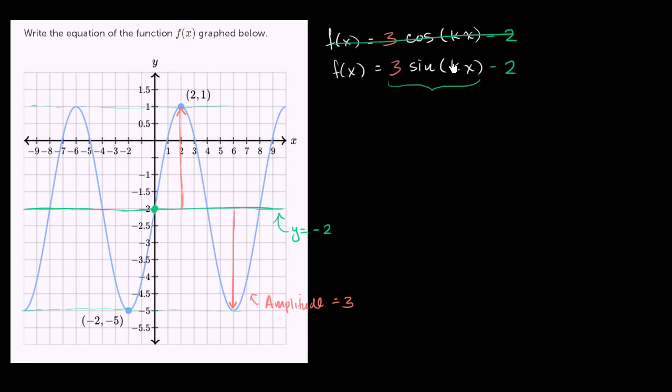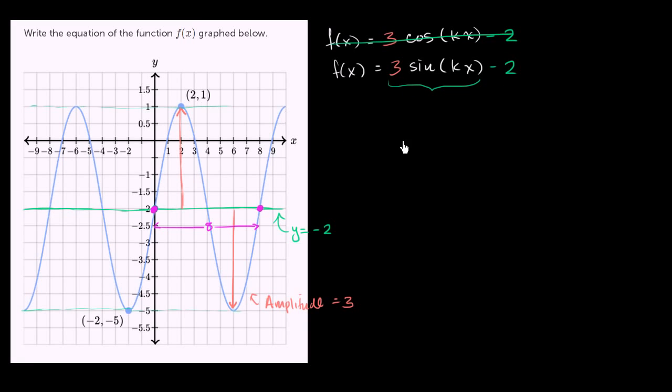And we just really need to figure out what this constant could actually be. To think about that, let's look at the period of this function. If we go from this point where we intersect the midline with a positive slope, the next point that we do that is right over here. So our period is 8. What coefficient could we have here to make the period of this thing equal to 8?